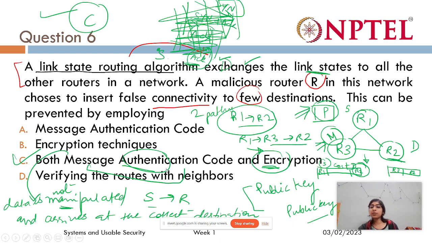For further information, I think you can refer to either the lecture notes or some internet blog. Actually, with a message authentication code, your message will be passed through a message authentication function, and a message authentication code will be generated. To generate that code, we use a specific key. Nobody else will be aware of that key.